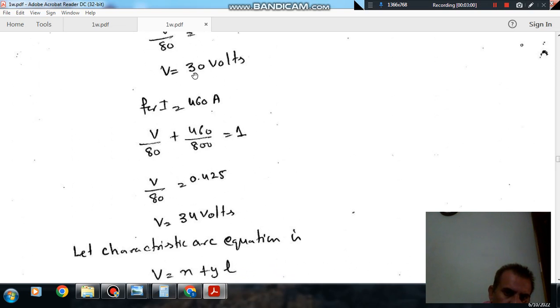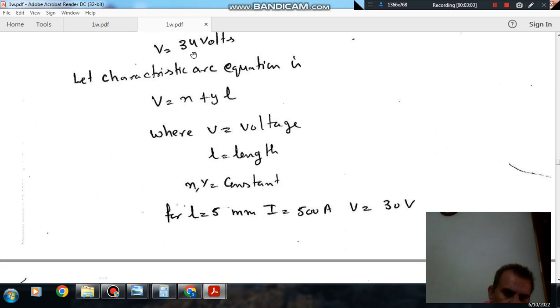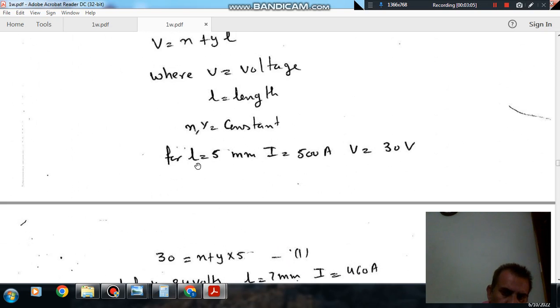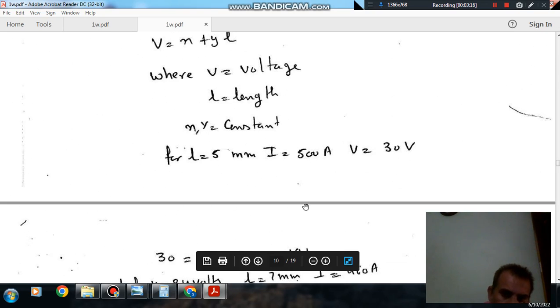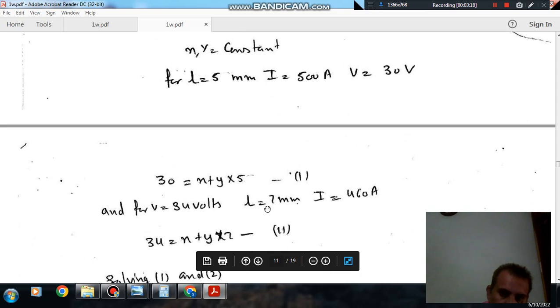Now we have two V's, V is equal to 30 volt and V is equal to 34 volt. For I equal to 500 ampere or V equal to 30 volt, the L is 5, and for I equal to 460 ampere or V equal to 34, L is 7.